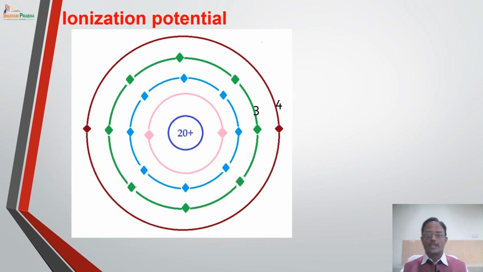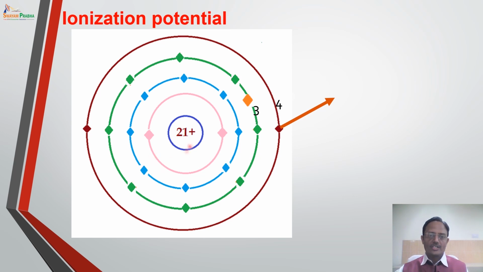Let us try to explain this. If we consider what is the ionization potential, it is the amount of energy required to remove an electron from the outermost shell. As a result, we want to remove the electron from the 4s subshell. Whereas after calcium, when you go to scandium, the added electron goes to the third shell, that is the 3d subshell.